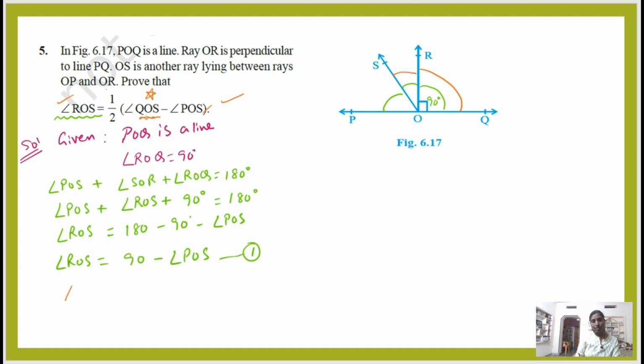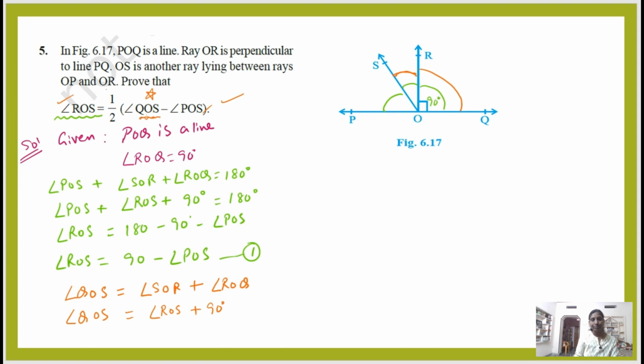So now QOS can be written as what? QOS can be written as angle SOR plus angle ROQ, see the figure. It means angle QOS is equal to SOR, which can be written as ROS plus angle ROQ, which is 90 degrees.